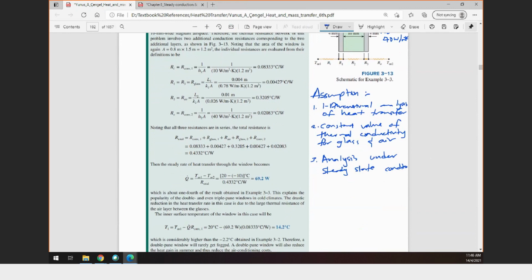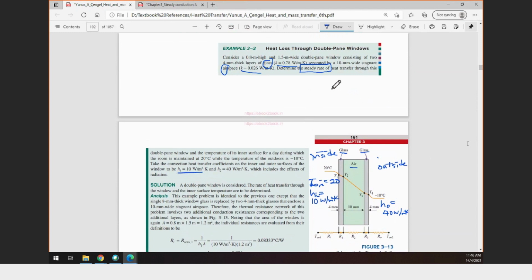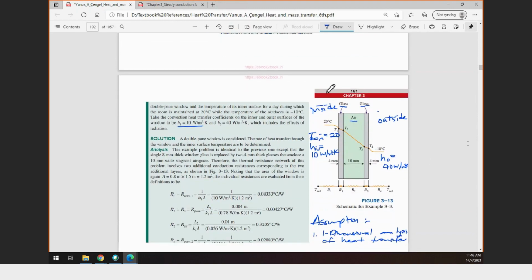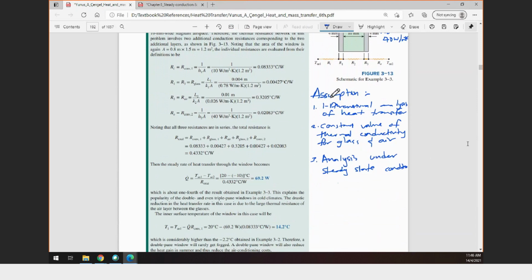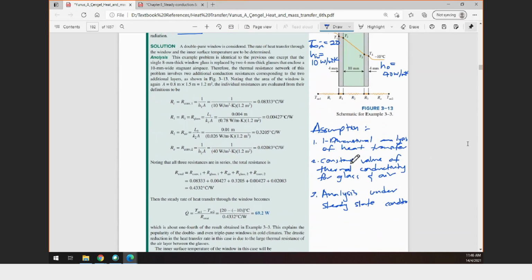It is under steady state condition because if unsteady, that means the temperature might change and not be constant. I think those are the three relevant assumptions required in your analysis.